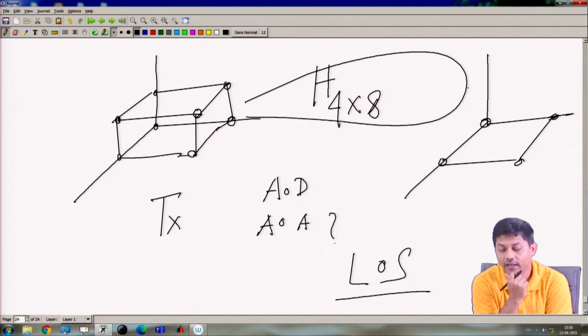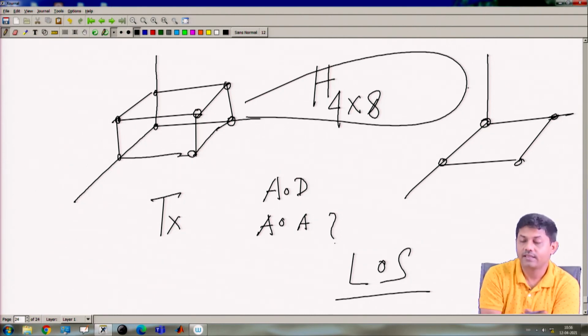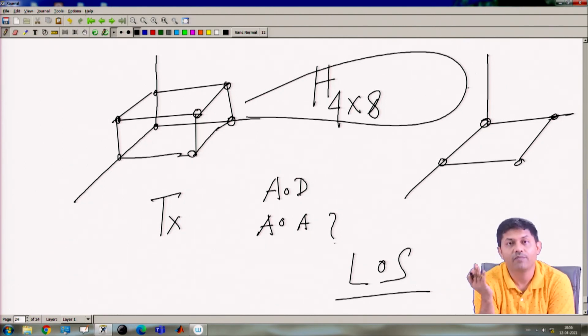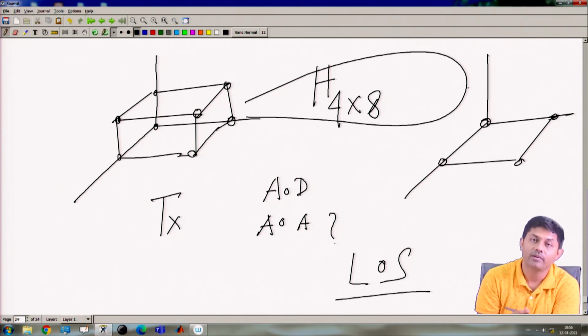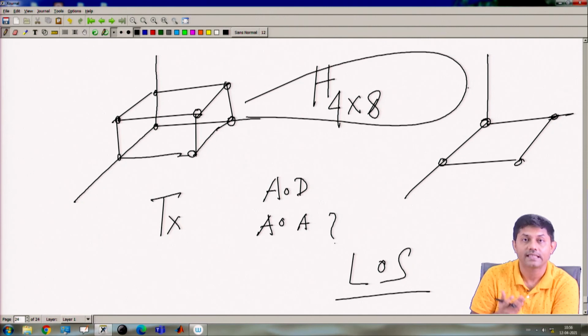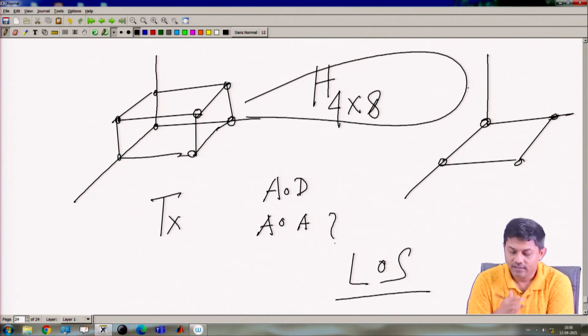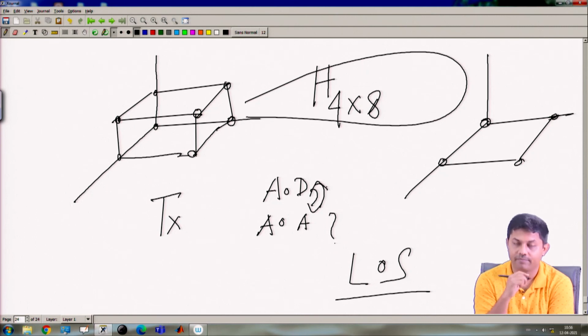No. Why? Because it is directly going, maybe in a beam form, that is okay, but whichever direction the beam is going, the receiver is on the same path. This is a scenario where there are no reflectors or scatterers, it is just going and the receiver is sitting inside it. So, it is as if the angle of arrival and angle of departure are the same.